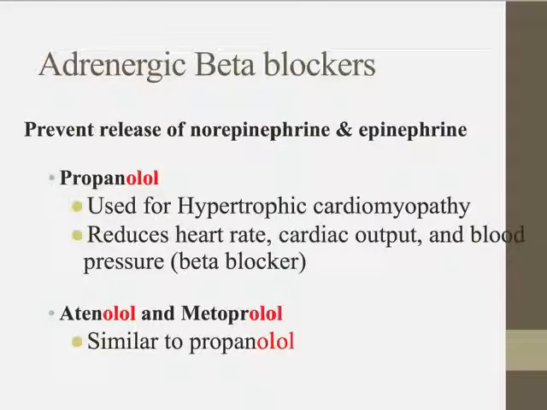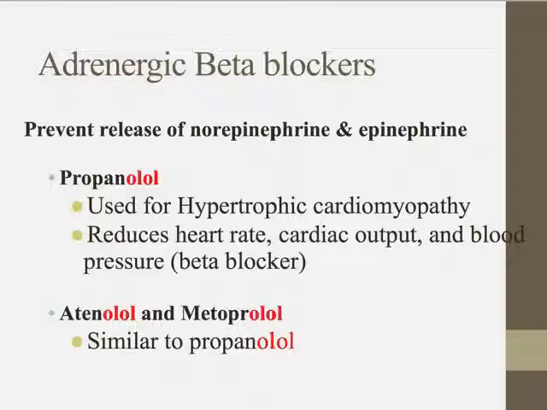So the next drugs we're going to talk about are adrenergic beta blockers, and these prevent the release of norepinephrine as well as epinephrine. Beta blockers block the catecholamine stimulation of cardiac beta-1 adrenergic receptors.